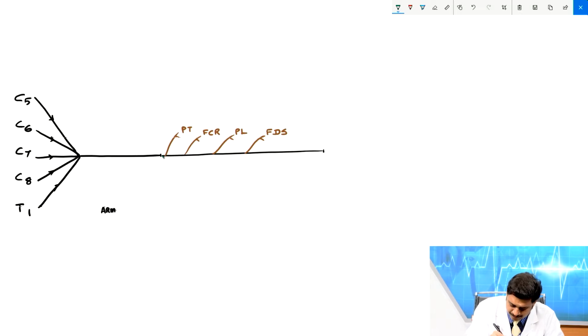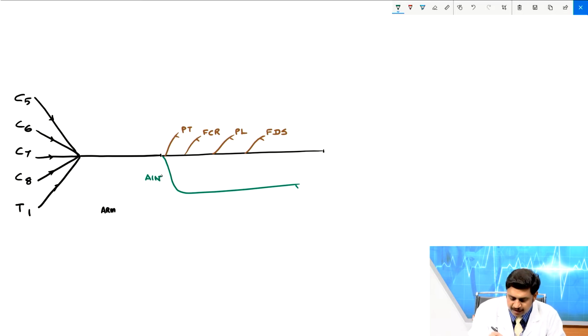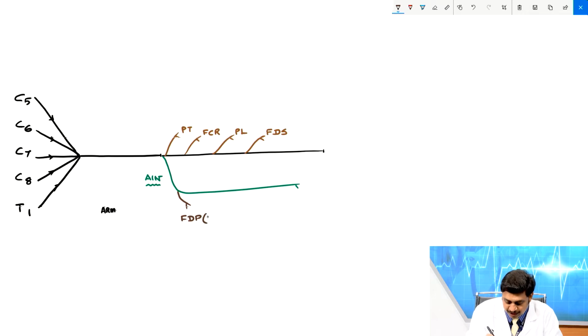So, most of the deep muscles are supplied by a branch of median nerve. Now, let us look at what is that branch of median nerve. Moving on to the picture. So, it gives a branch. This branch of median nerve is called anterior interosseous nerve, AIN. The anterior interosseous nerve is going to supply flexor digitorum profundus. Look carefully, it is going to supply which half?